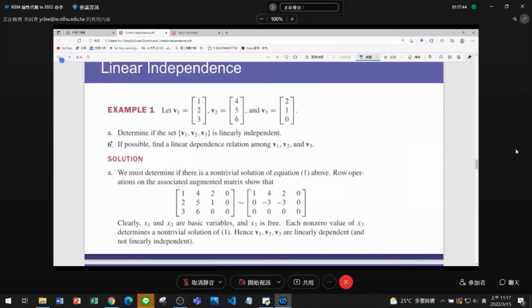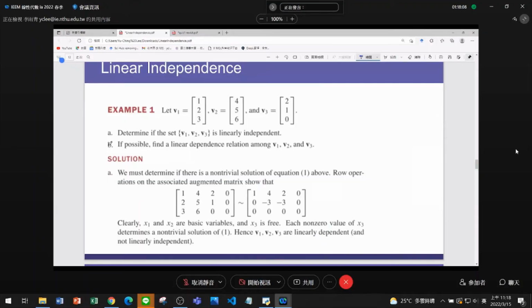So the first thing we should do is to form the augmented matrix and then use the forward row reduction to see whether there are multiple solutions to the equation equal to 0, or there's only the trivial solution that can solve that equal to 0 equation.